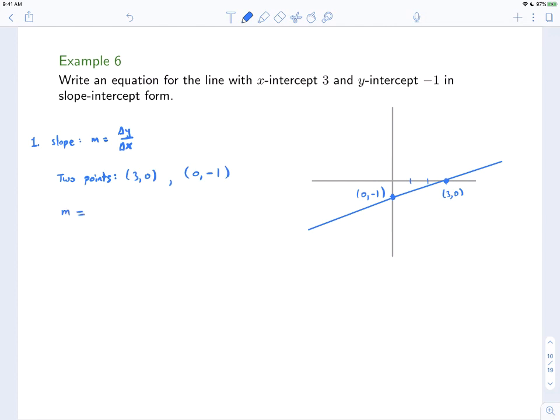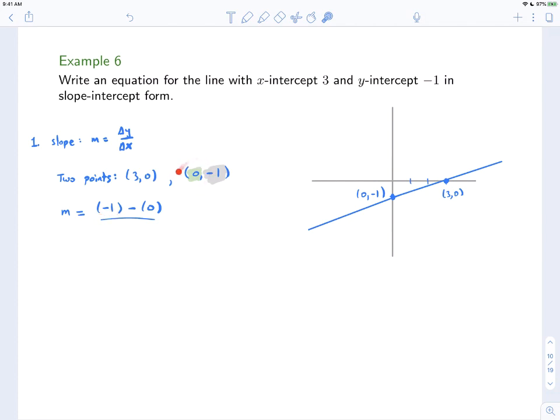So m is the difference of the y values. So again, let's start over here. It's going to be -1 minus 0 divided by, and now we have the difference of the x's, but we start with the x value which corresponds to the y value we started with. The y value we started with was -1. That was here.